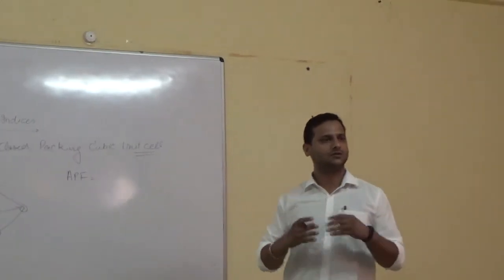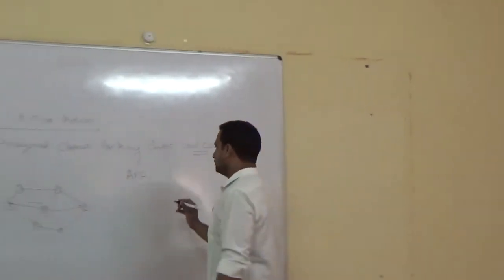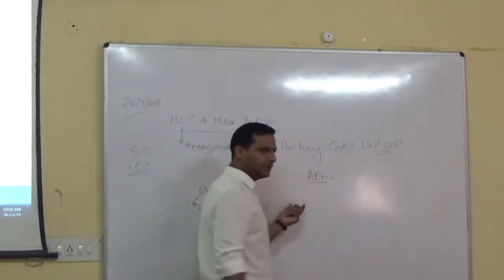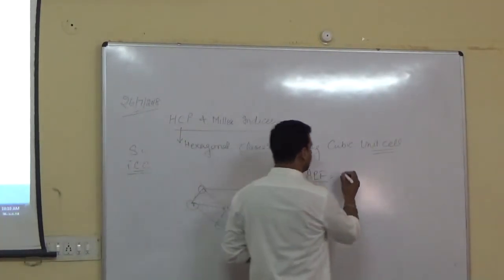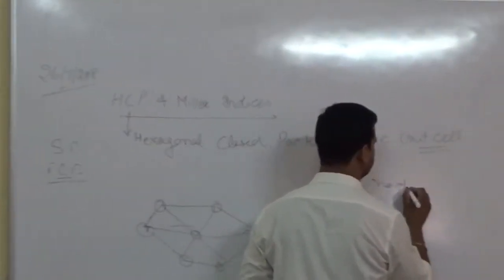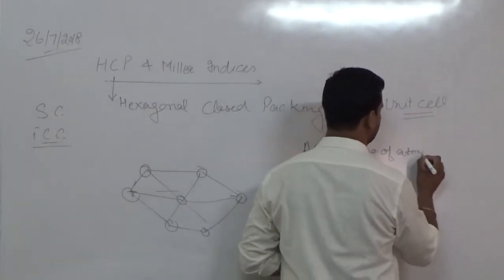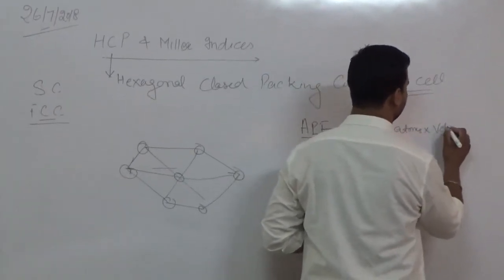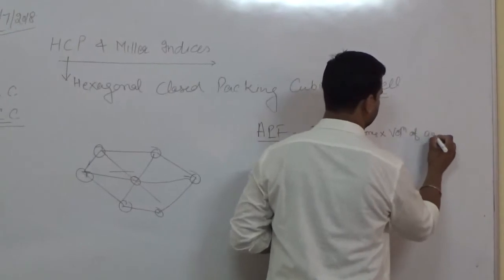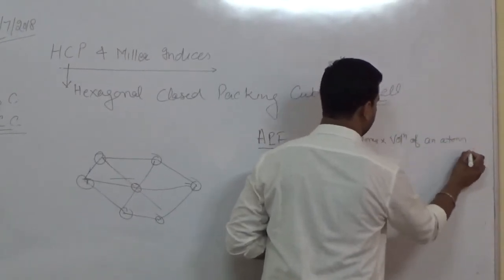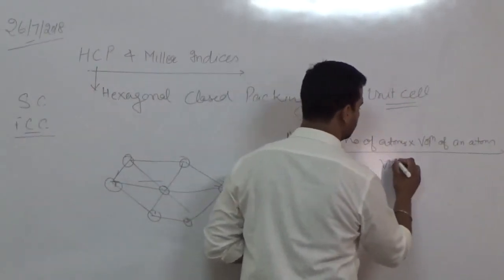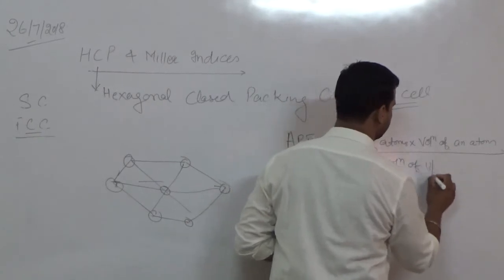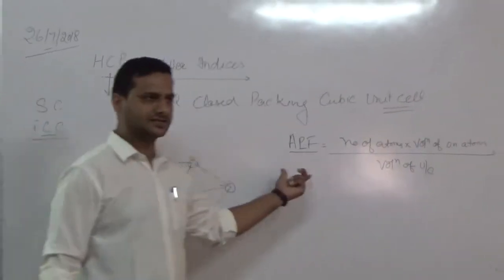So we know that the formula for atomic packing factor is the number of atoms multiplied by the volume of an atom and divided by the volume of the unit cell, already covered in the last class.